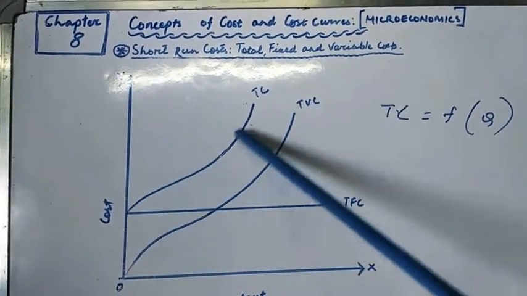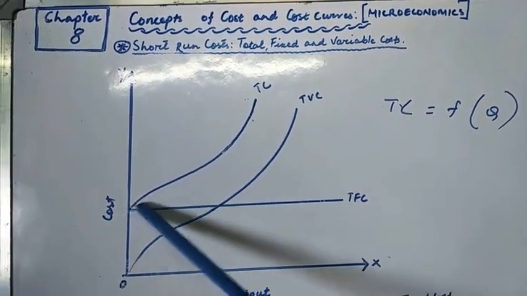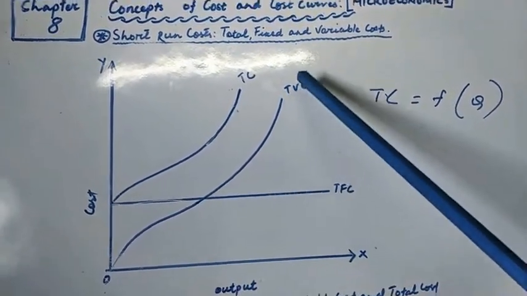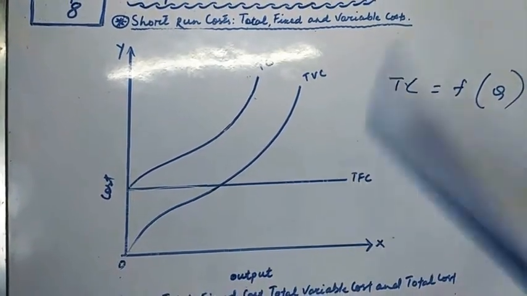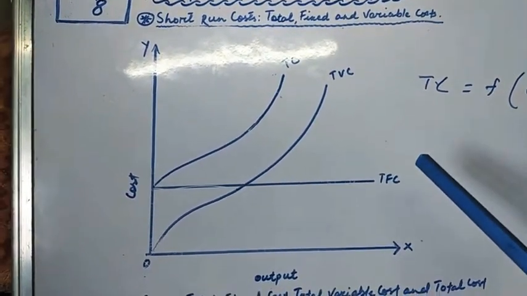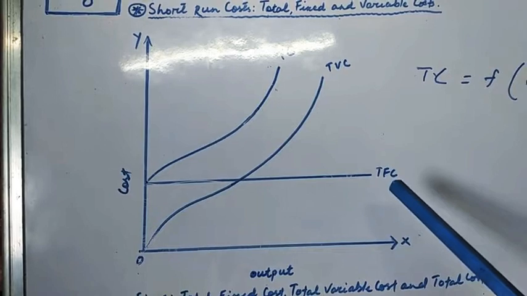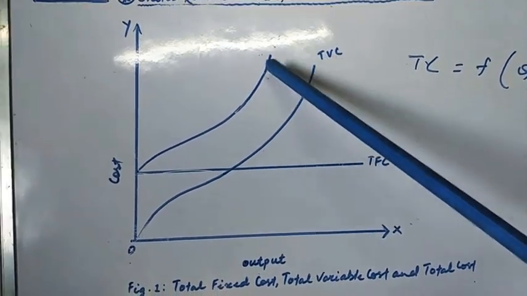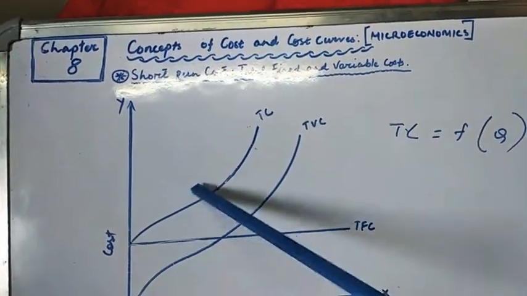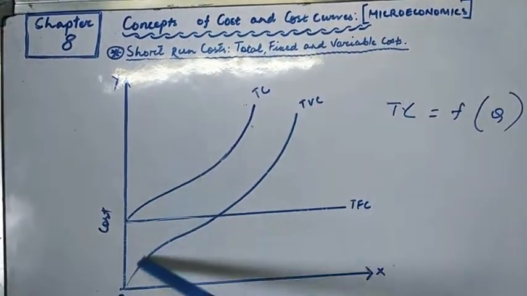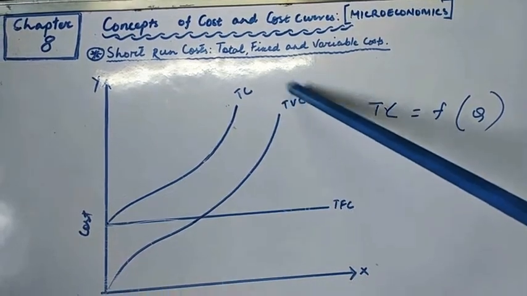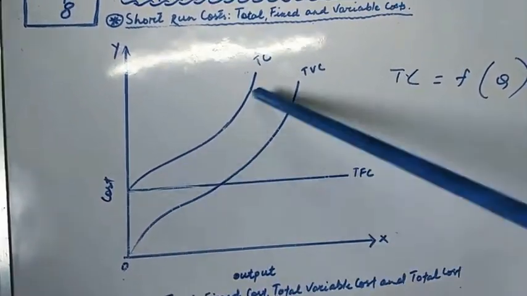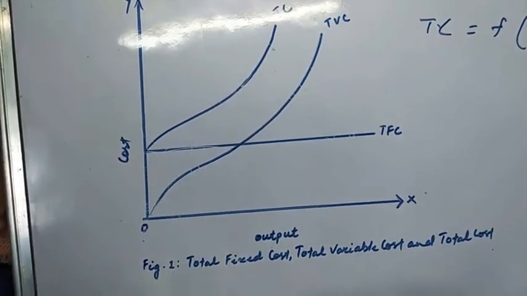An important thing to note is the vertical distance between the TVC curve and the TC curve. This gap, between TVC and TC, will be the same throughout.